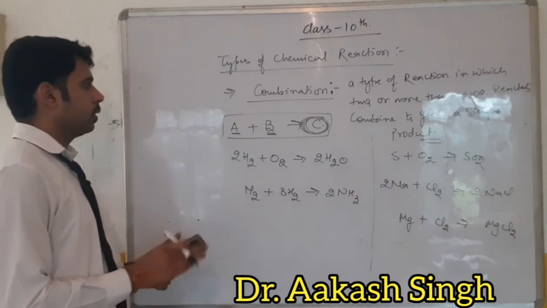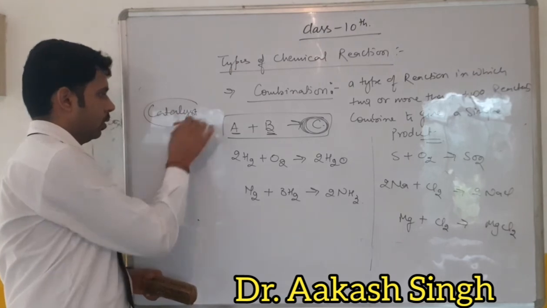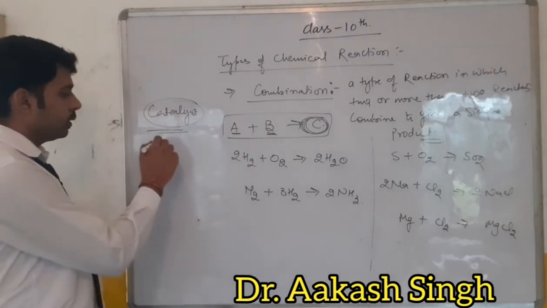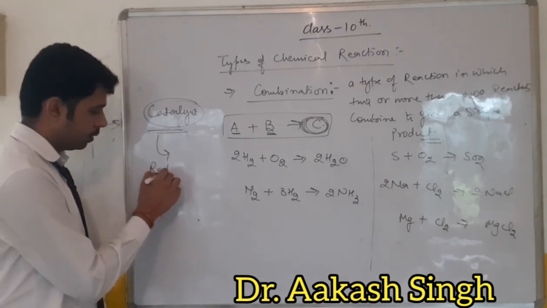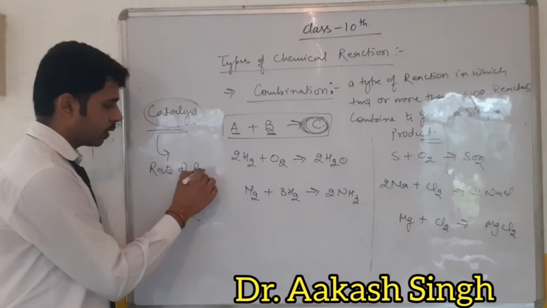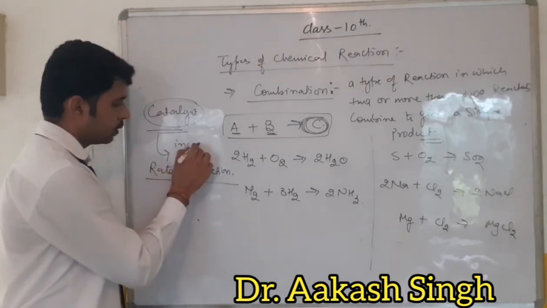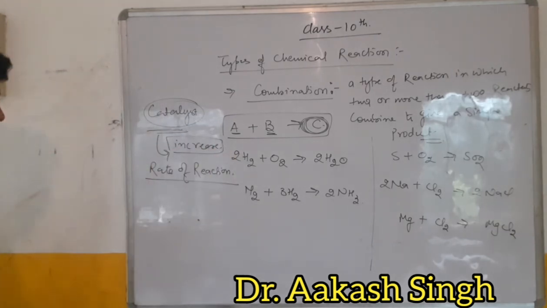A reaction may require some catalyst also. So a catalyst can be defined as a substance which can enhance the rate of reaction, which can increase the rate of reaction.